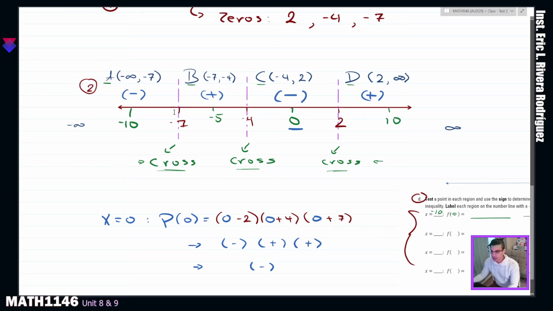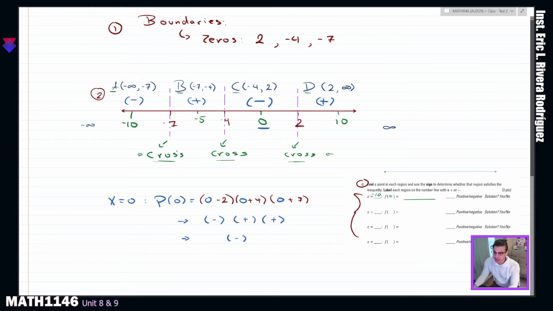See now how I took advantage of what we know from the polynomial. Instead of testing all of the regions, just testing the easiest region for me, and then using the behavior of the x-intercepts to determine the sign for each region, so representing the y value for each region, right?